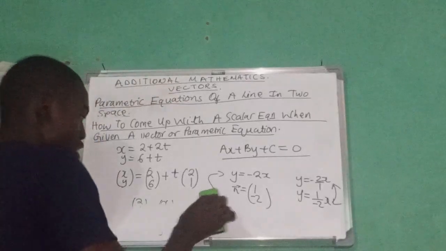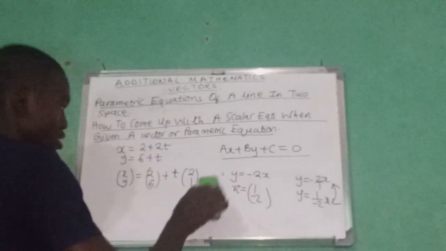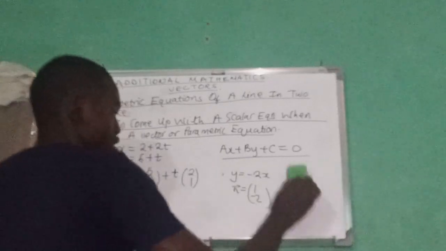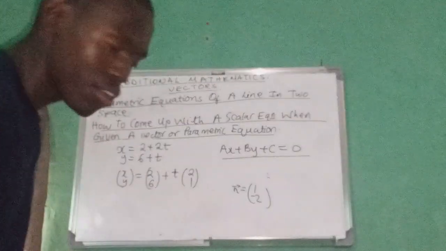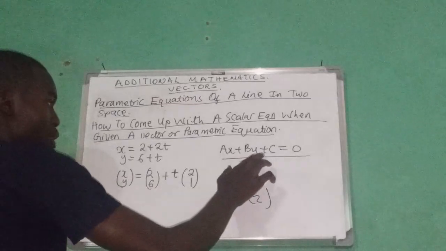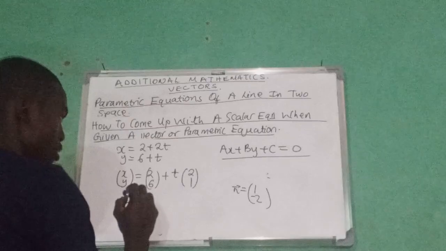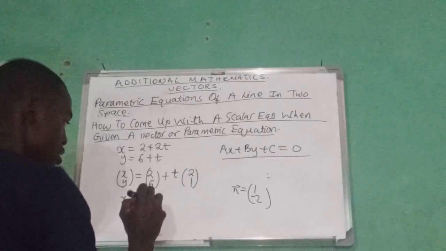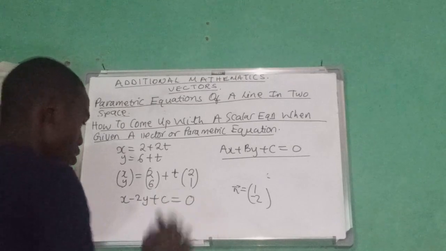Alright, so we have found our normal vector like that. This is our normal vector. So using ax plus by plus c is equal to 0, we have x minus 2y plus c is equal to 0.